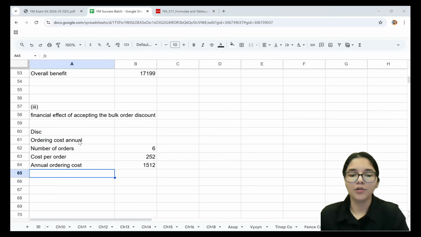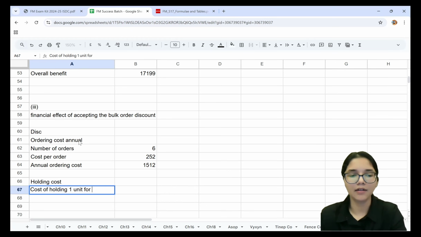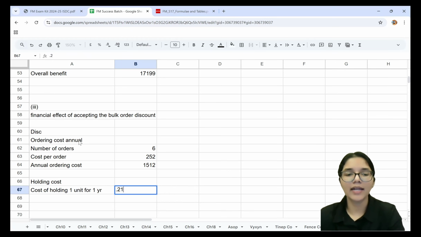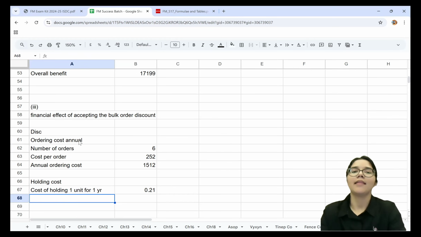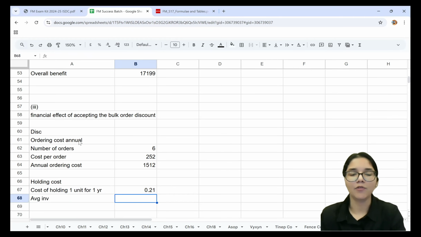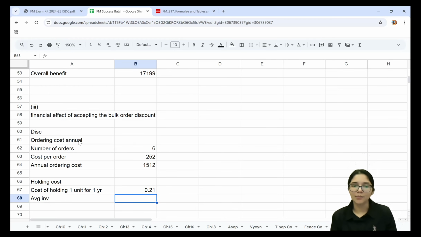Now, if I talk about my holding cost. So holding cost will be the cost of holding one unit for 1 year. So that is given to me already as 0.21. And then further, I have to multiply this with my average inventory. What is the formula for average inventory? You have to take the EOQ divided by 2.